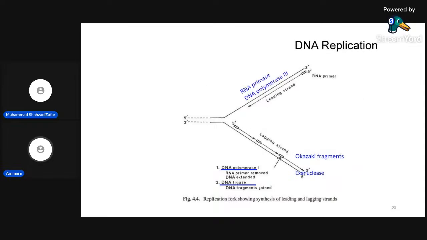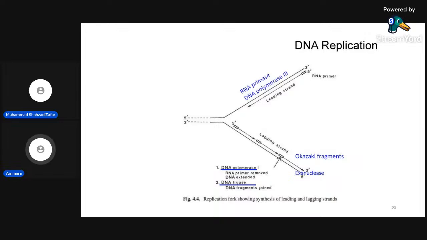So we'll start the formation of the second strand for each of these two single strands, because we know DNA is a double-stranded, double-helix structure. When we unwind, we obtain two single strands. Now we have to synthesize the second leg of each single strand, and replication always proceeds in the 5' to 3' direction.